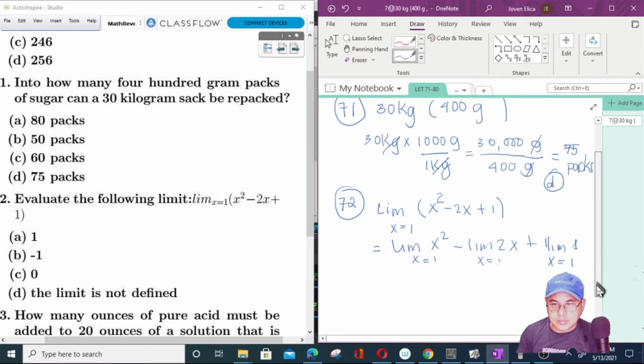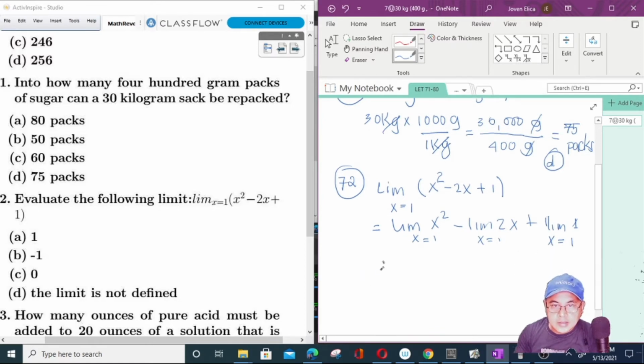Not approaches but equal to 1. So just substitute the given x to each term. For x squared, this is 1 squared, minus 2 multiplied by 1, plus the limit of 1, which is 1.